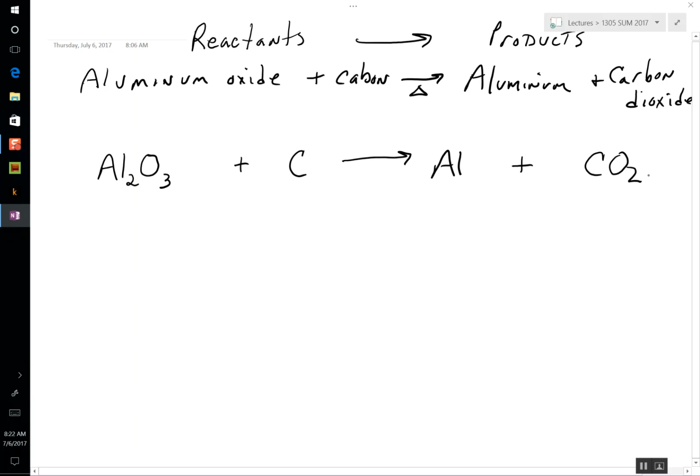CO2. And there's the essential start of a chemical equation. And what have we done? We have written all of the reactants and the products with their correct formulas. We've got the reactants on the left, the products on the right.